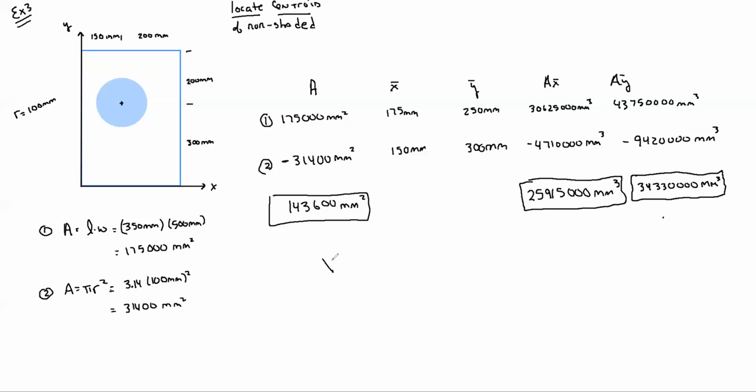Now we're looking for the big X. The big X, remember, is the summation of A times little x bar divided by the summation of area.